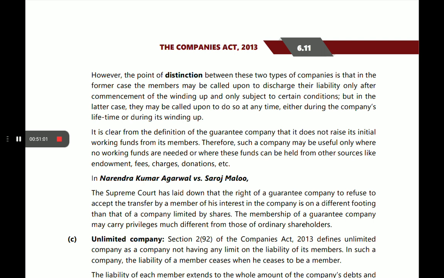Therefore, such a company may be useful only where no working funds are needed or where these funds can be raised from other sources like endowment, fees, charges, donations, etc.